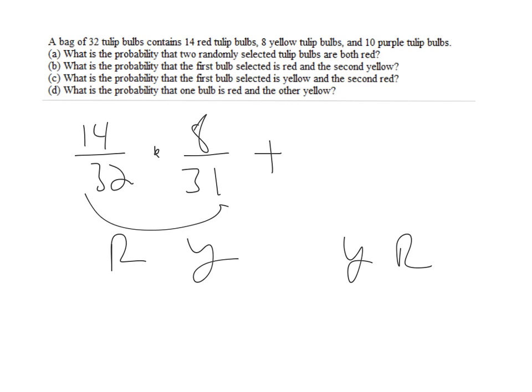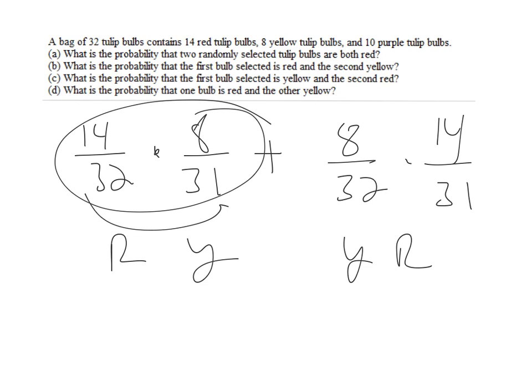So it's going to be 8 out of 32 times 14 out of 31, or in other words, we're just going to get 2 of these. You could multiply the first answer times 2, or you can calculate this out.